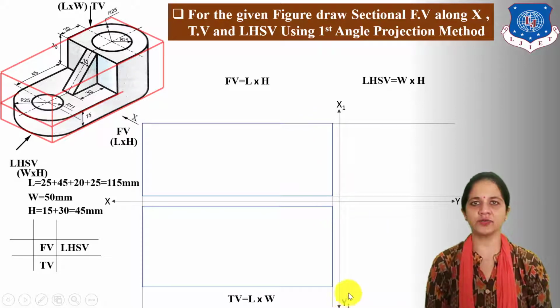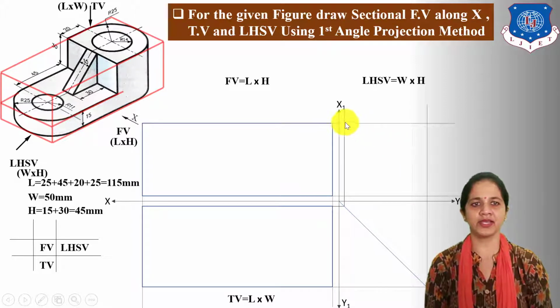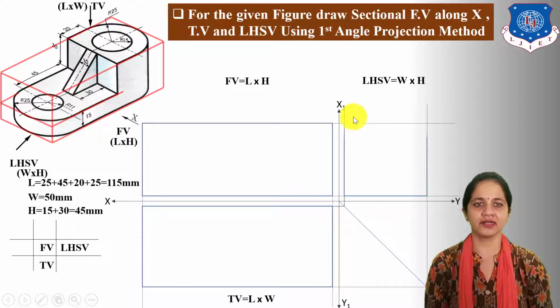Now for the width projection, first draw a 45-degree angle line from the common intersecting point of the xy and x1 y1 axes and transfer this width to the left hand side view. Here the common intersecting area of these two projections indicates the left hand side view box.